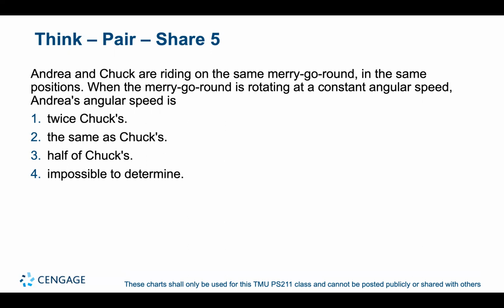When it is rotating at a constant angular speed, Andrea and Chuck have the same angular speed, but Andrea is moving in a circle with twice the radius of the circle followed by Chuck. Thus, v t equals r omega. It is seen that Andrea's tangential speed is twice Chuck's.